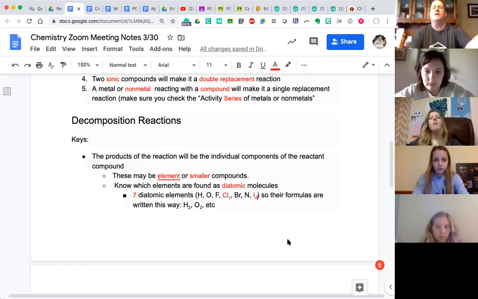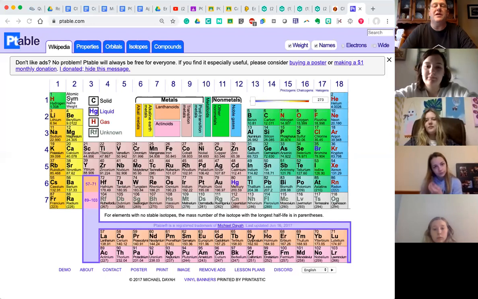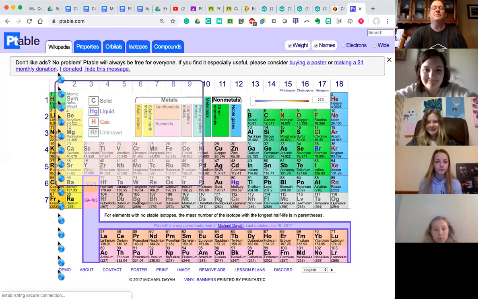Let me stop share for a minute. About these 7 diatomic elements, let me show you this. That's the periodic table, right? So there's 7. Hydrogen's one of them.